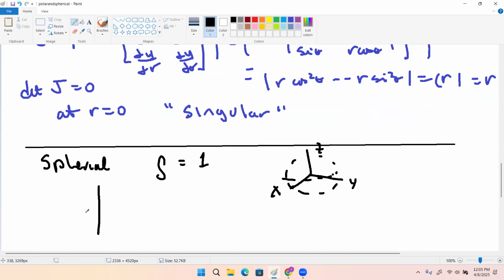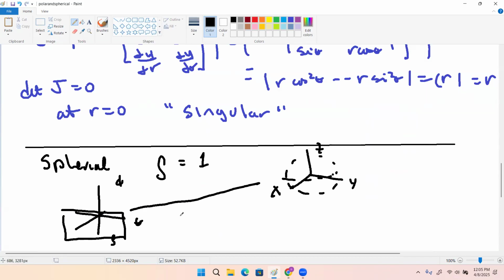Well, in the rho theta phi space, that corresponds to a plane. So in this transformation, we take an entire plane and somehow turn it into a circle.